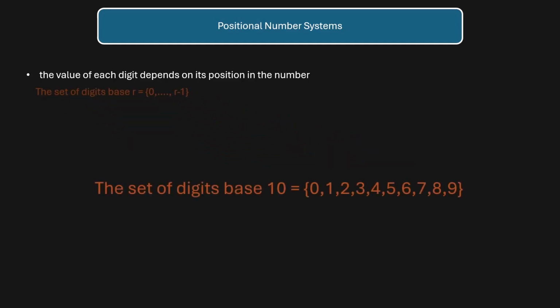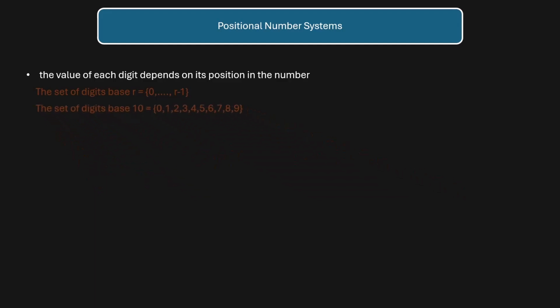For example, the set of digits for a number in base 10 is from 0 to 9. Okay, for example, let's consider the number 123. The value of digit 3 in 123 is 3 times 1. The value of digit 2 is 2 times 10. And the value of the digit 1 is 1 times 100.